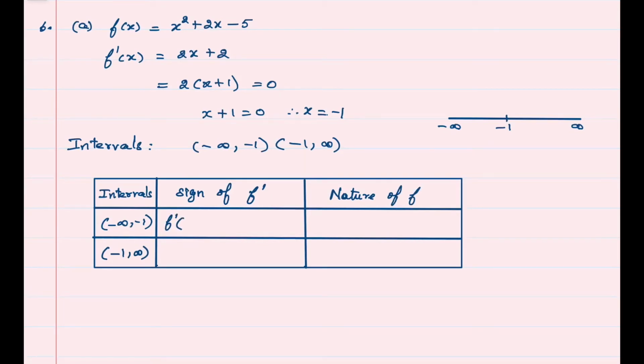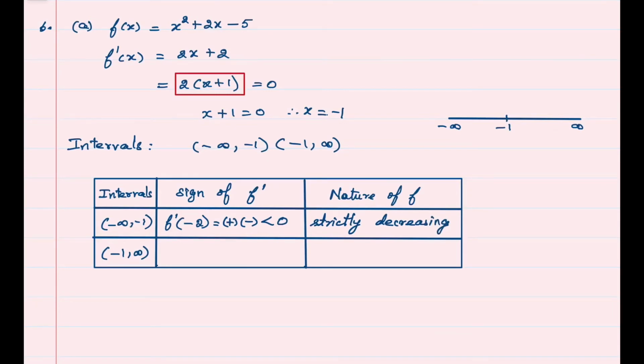F dash of, let us select a value from this interval. We will take minus 2 and substitute in f dash. To check the sign, always we will use the factorization step. 2 is positive, minus 2 plus 1 is negative, therefore the product is negative. Therefore, f of x strictly decreases in this interval.